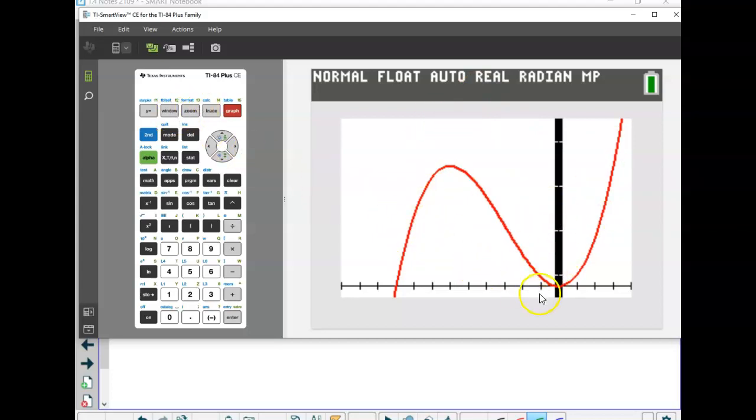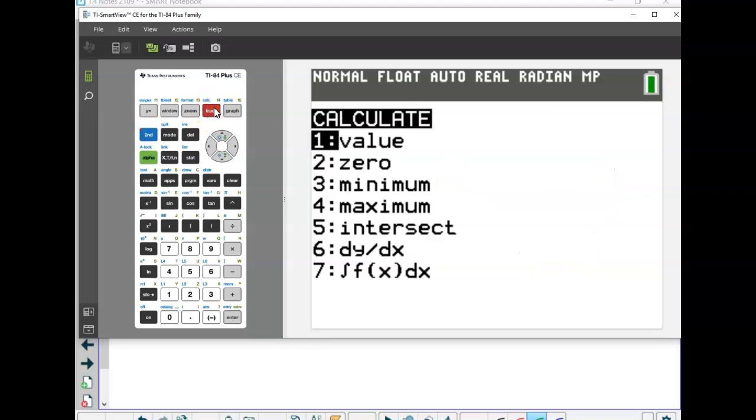But if I were to go back, did it cross twice down there? I can't remember. Or did it bounce? I don't know. Let's see what happens. Because we should be able to tell when we do what? We could find the zeros. We could also find the minimum.